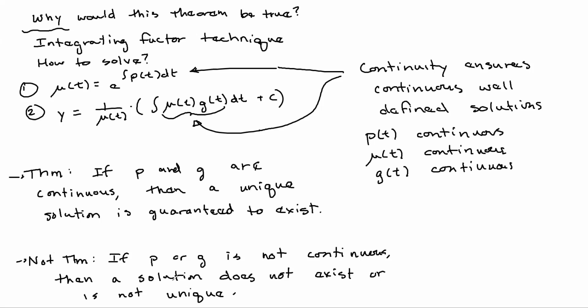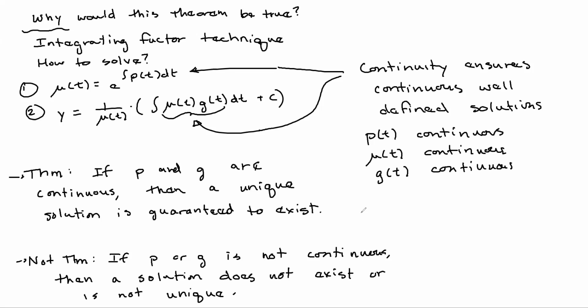If you have continuity, then it's guaranteed that nothing can go wrong. If you do not have continuity, then the theorem doesn't tell you anything. You could have a solution that exists, a solution that exists and is unique, a solution that does not exist, or a solution that exists but is not unique. Anything is possible.